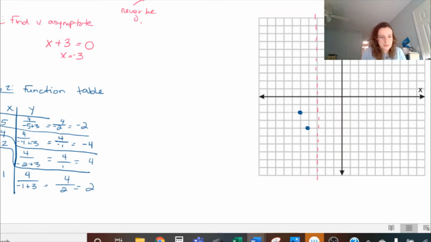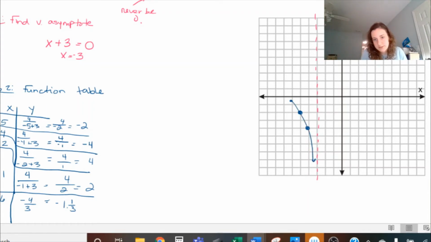I think if you go 3 in each direction, that's going to give us a better curve. So if you plug in -6, you should end up with -4/3. So come over here to -6 and -4/3, which is -1 1/3.